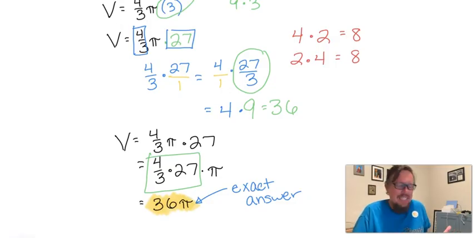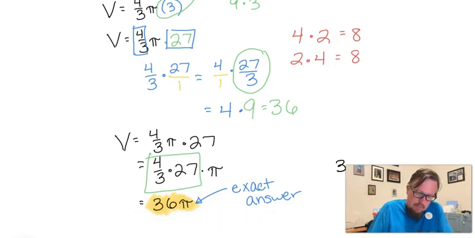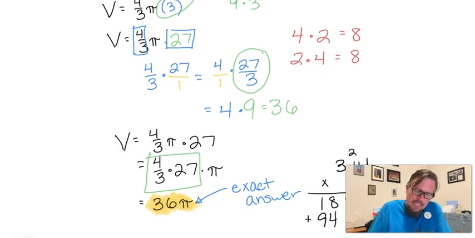If I really needed to know what the decimal was, I could, of course, do pi times 36, and I could get an approximation, but it is just an approximation because pi isn't really 3.14. 3.14 is a rounded version of pi.